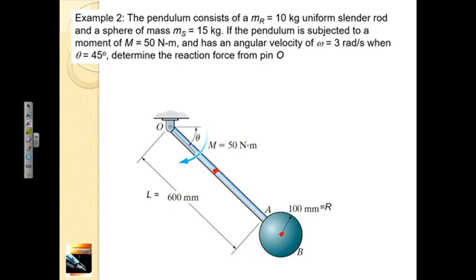All right. So my x of CG, our pinpoint is our datum. Well, it's that mass-weighted average. So I've got 0.3 meters times the mass of the rod, which is 10. So I got a 10 on the bottom as well, plus the sphere.